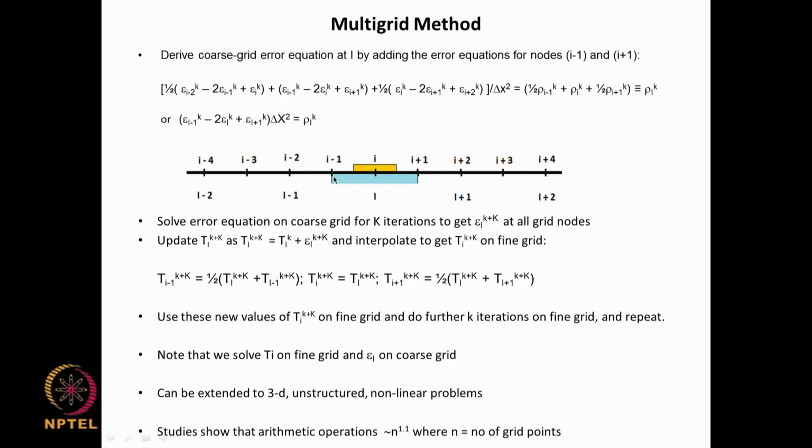Based on this you estimate the error at each of these points here, and then you can get an improved estimate of the solution after having done some more iterations on the coarse grid, and then you come back to the fine grid. Then you can repeat this process, and if you do that over a number of cycles, you get an error reduction which is faster than if you were to use only a single grid. Okay. So, that is the idea of the multigrid method.